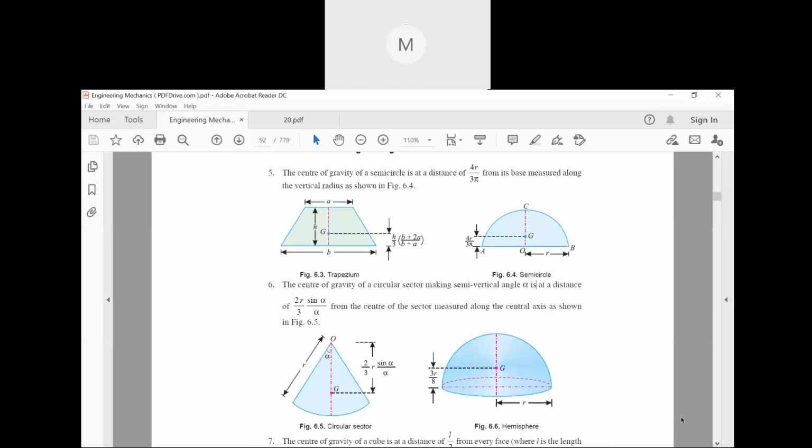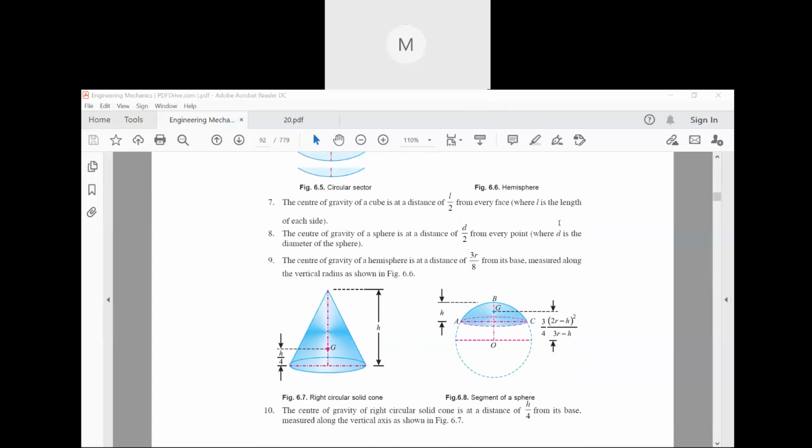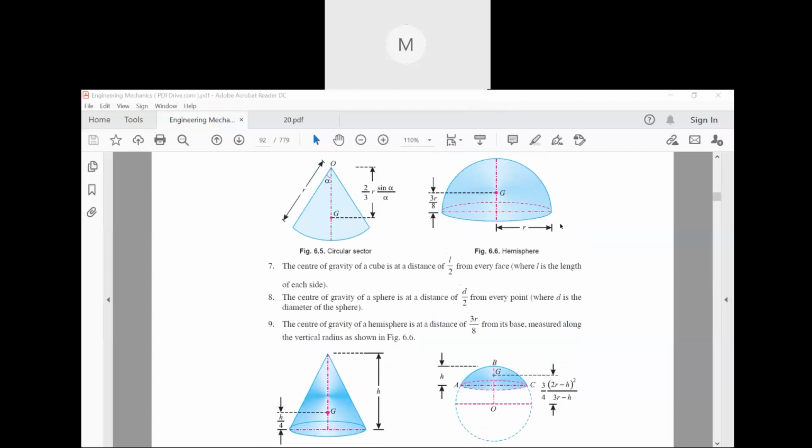Have you taken the screenshot of this part? Have you taken the screenshot? Okay, you just circulate it in your class group. Take it for this part also and just tell me. So these are the important expressions that you are actually required to remember.